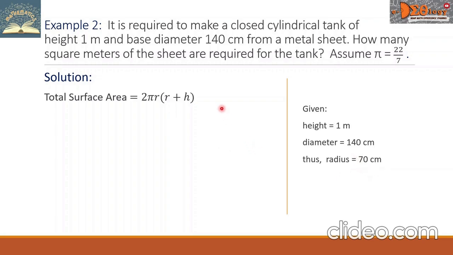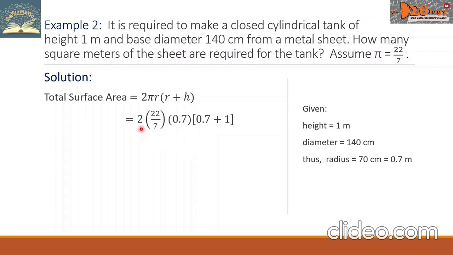Another consideration here is we need the area in terms of meters or square meters. The radius is in centimeter. Let's convert this into meter. So it becomes 0.7 meter. Now let us substitute the values in our formula.